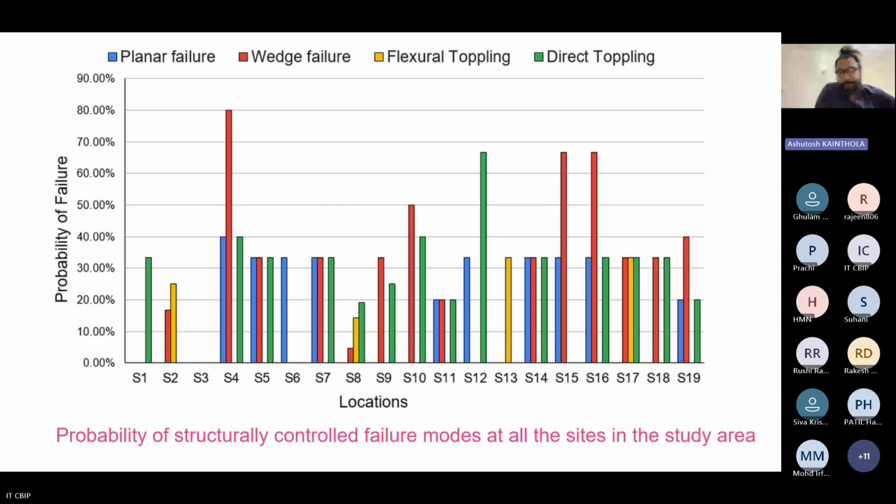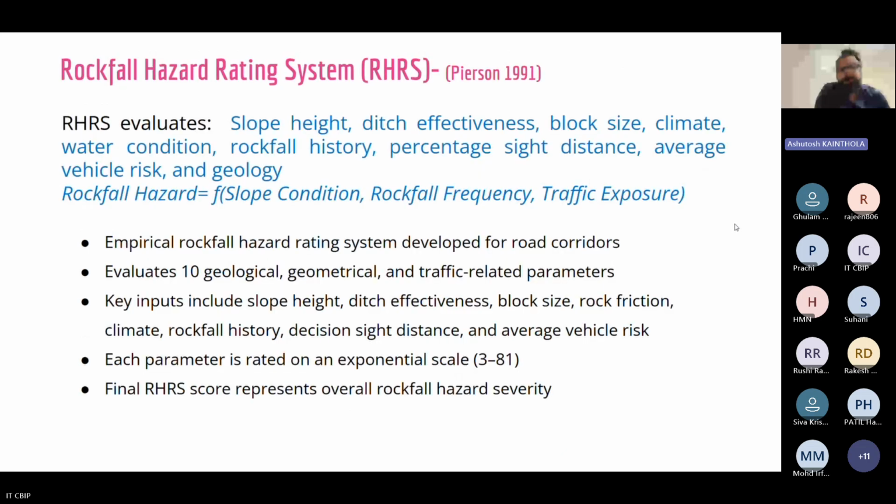Then there were instances of toppling failure and some amount of planar failure. The point that I'm trying to make here is wedge failure was the most prominent one, and it is the biggest precursor for mega rockfall events. Next slide, please.